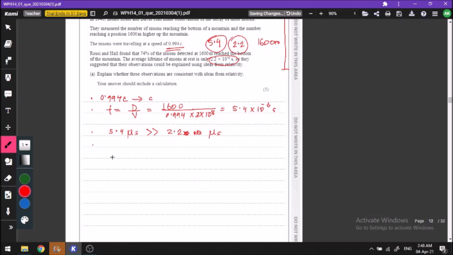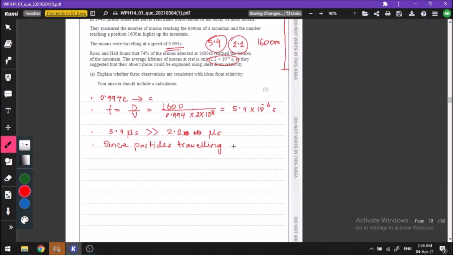This can be explained using the fact that since they're traveling very close to the speed of light, since the particles, the muons, are traveling, pardon my grammar, I'm just trying to make the point here.